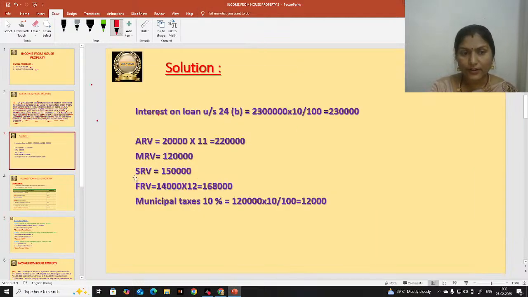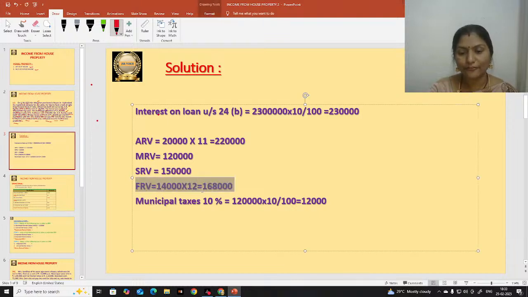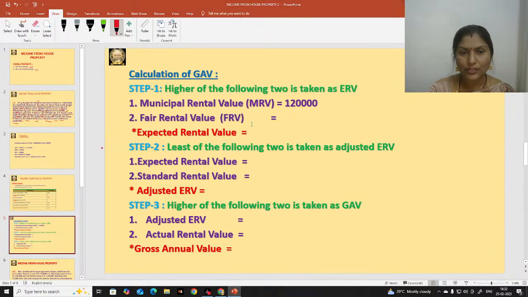See what FRV is. They have given 14,000 for 1 month, and we should calculate it for 12 months. So we did into 12, and we got 1,68,000. Let us take that in our calculation. So FRV is 1,68,000.